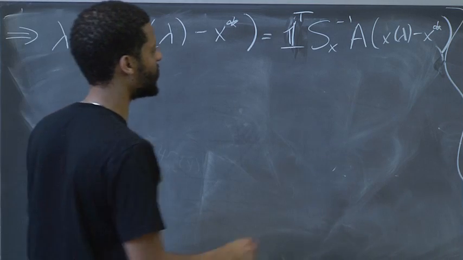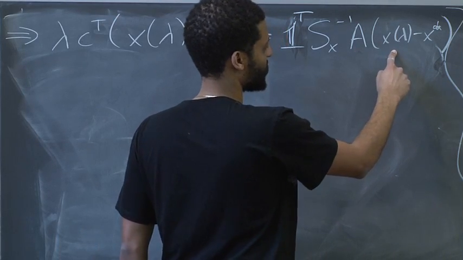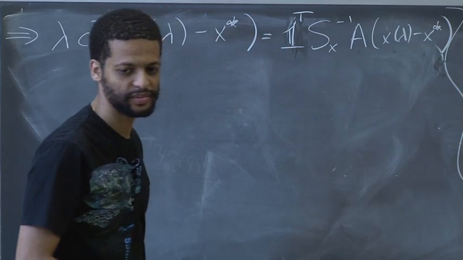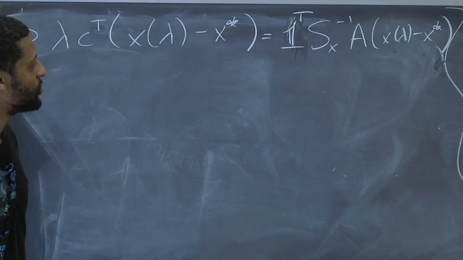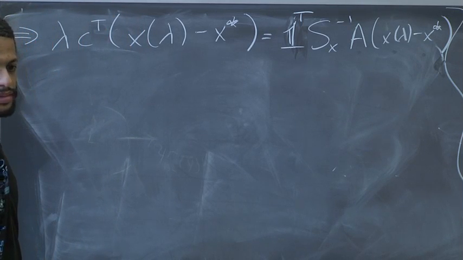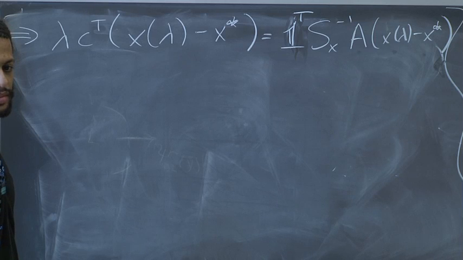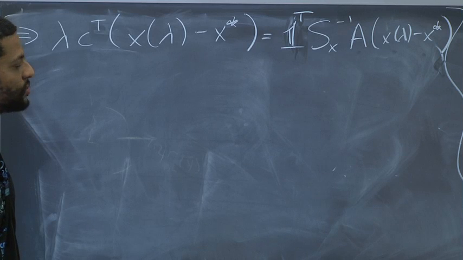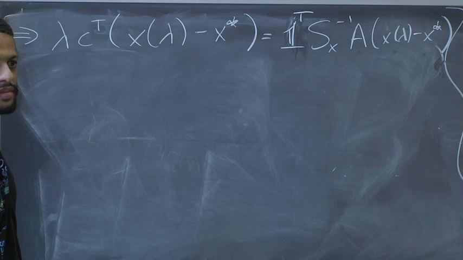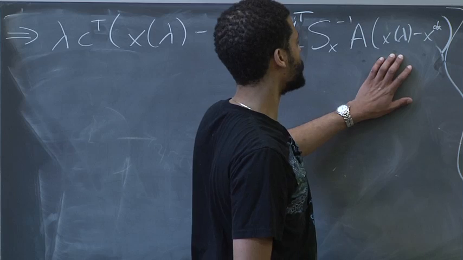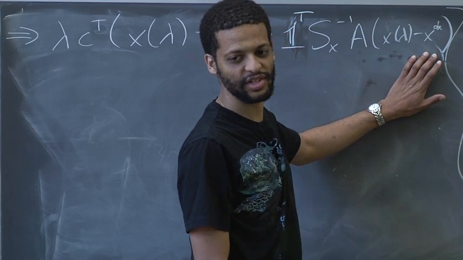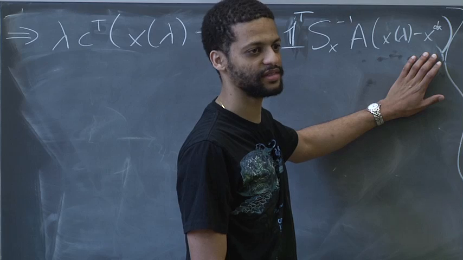So tell me though, what is A of x lambda minus A of x star in terms of slacks? Right, A of x lambda minus b, that's the definition of the slack vector for x of lambda.